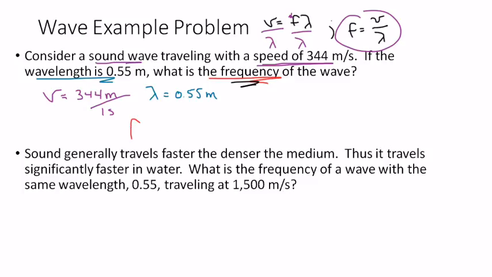So frequency, which is what we're after, is equal to velocity, which is 344 meters per 1 second, which seems really fast, doesn't it? Divided by wavelength, which is 0.55 meters.